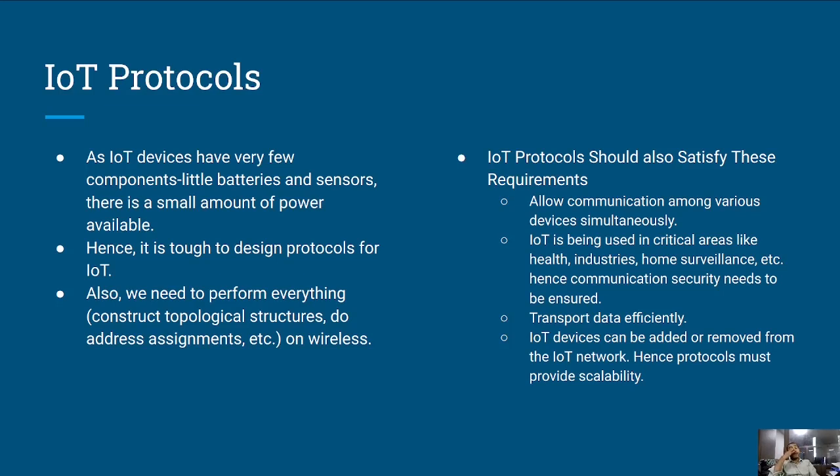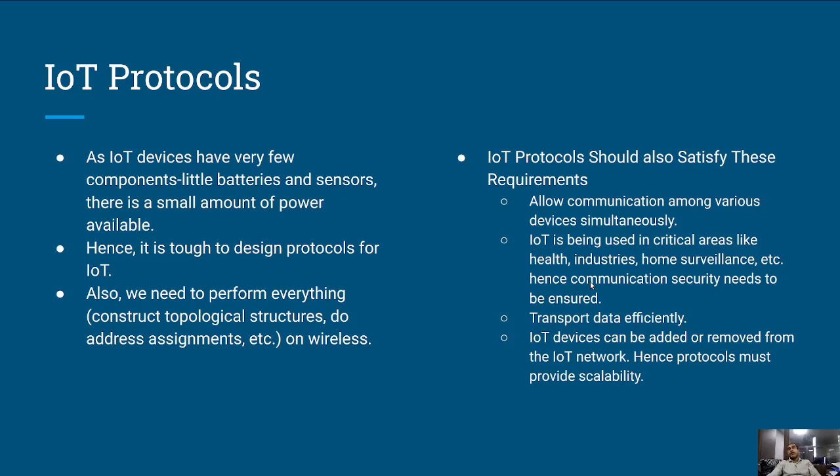Another fact is that we need to perform everything wirelessly. This communication has to be wireless. So the IoT protocols should satisfy these requirements. That means they should allow communication among various devices simultaneously. And normally the Internet of Things is used in critical areas like health, home surveillance, the industries, etc. So the communication security has to be ensured.